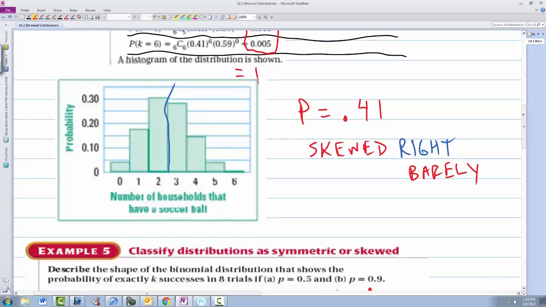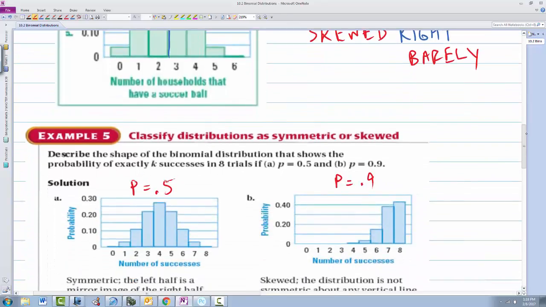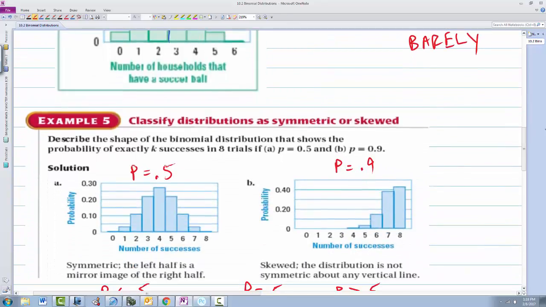Whereas let's hammer that down with symmetric. Well, if the probability of this succeeding is 50%, and you checked 8 houses, obviously 8 times 0.5 is 4, and 4 is the mean that cuts this data perfectly in half. So that's why it's called symmetric.